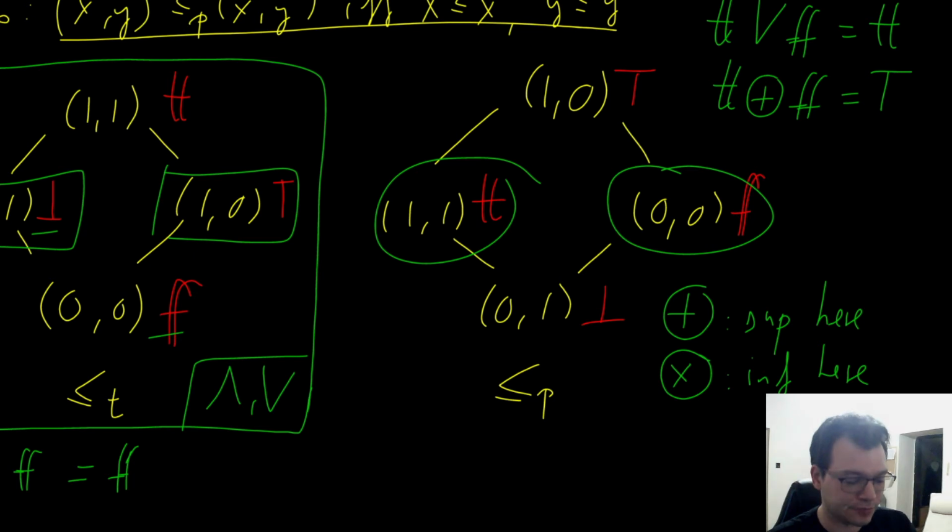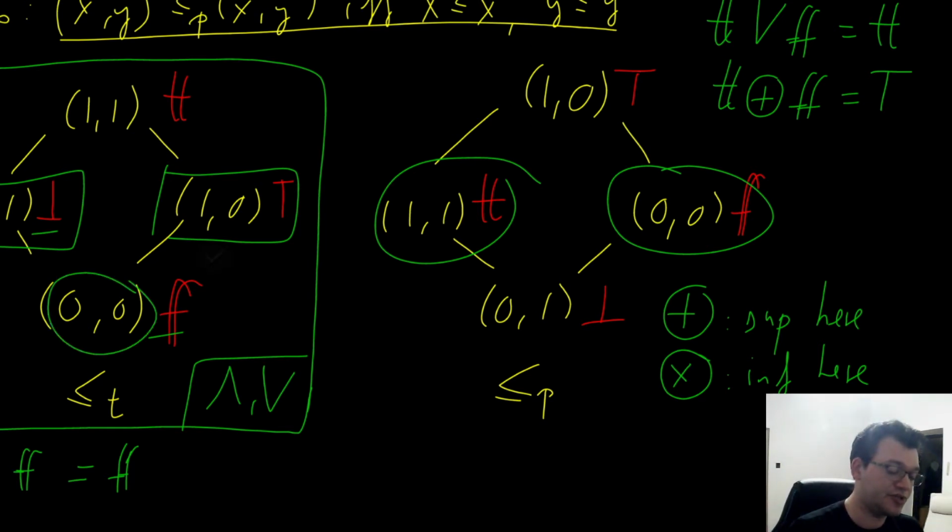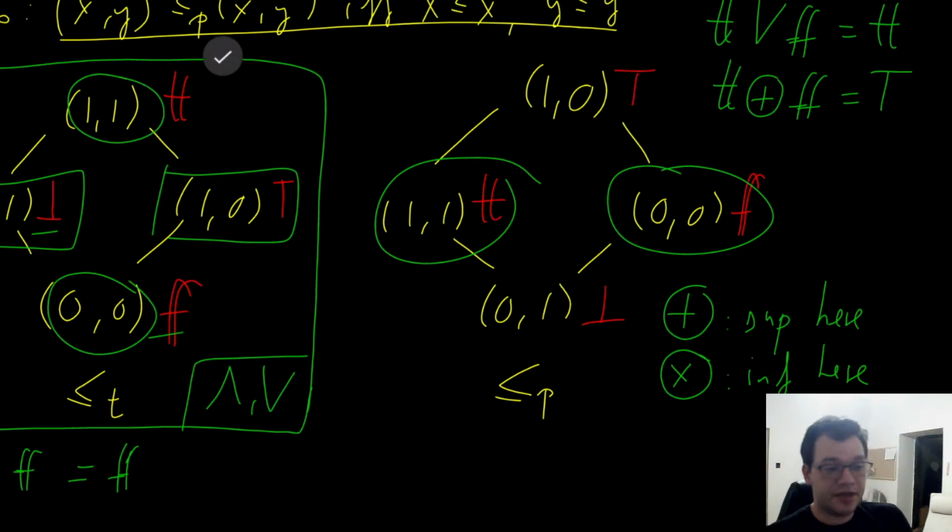Now, okay, so we know right now that for conjunction and disjunction to be preserved, if you are working with the false and the true values, then it's actually an option to use the supremum and the infimum operator of the truth ordering.